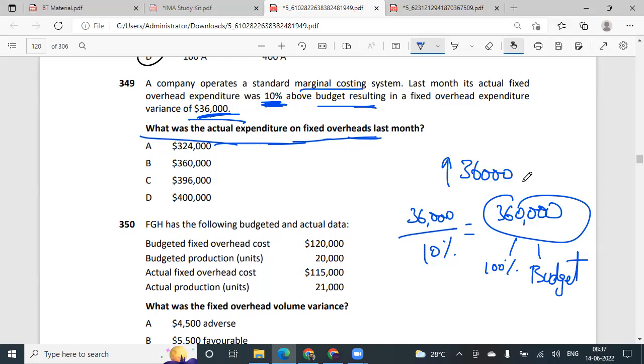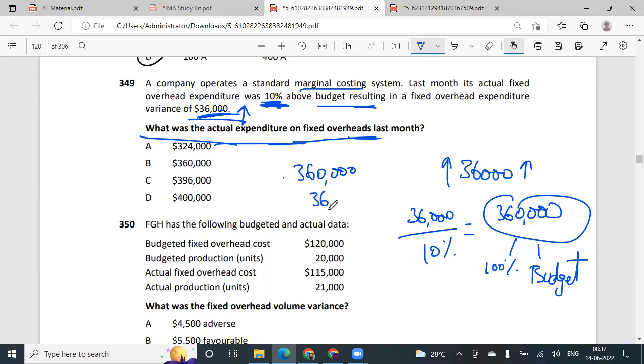What has happened? This 36,000 is an adverse variance because it is more than, above. So it is adverse. So I have my budgeted as 3,60,000 and it is 36,000 more, or 10% more, whatever it is.